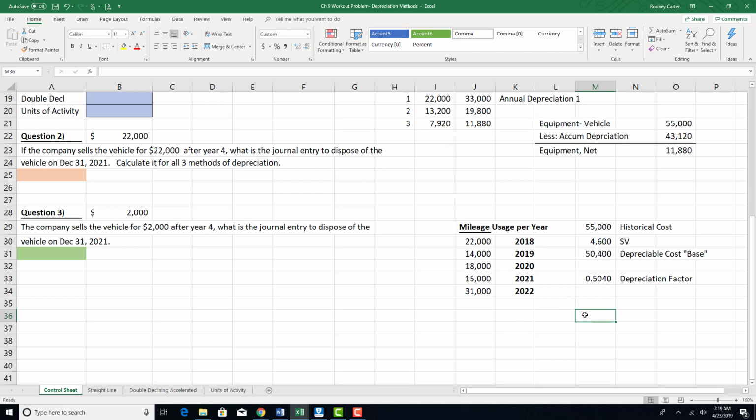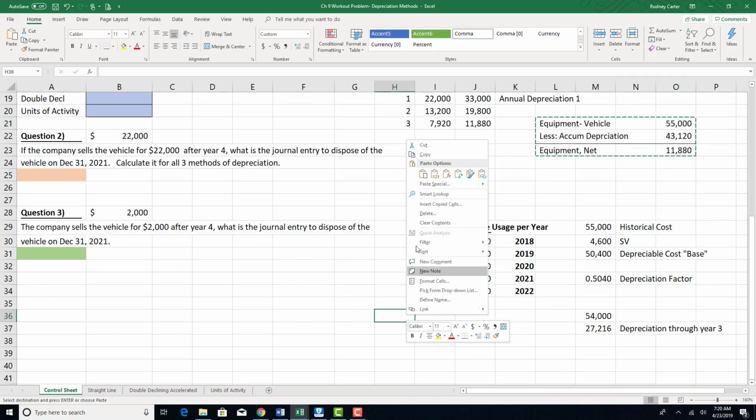And if I were to quickly solve this, I would actually just take all three of these years. Let's say this times this. That's the depreciation for year 3.